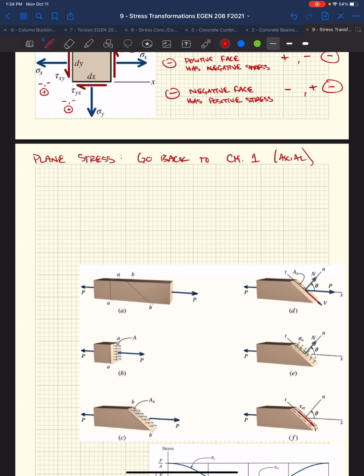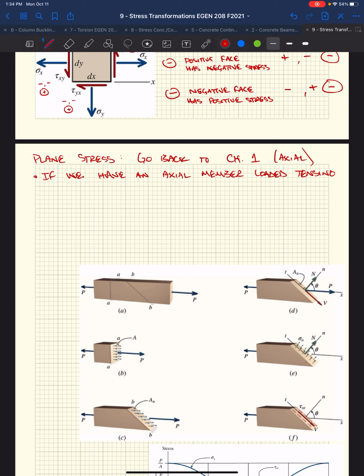And if we look at an axial member like we have in the diagram, loaded in tension as shown.